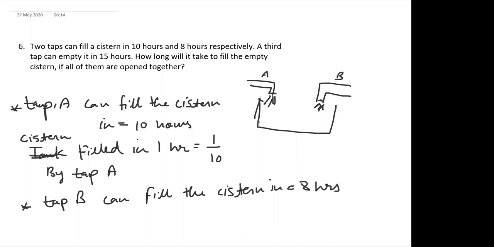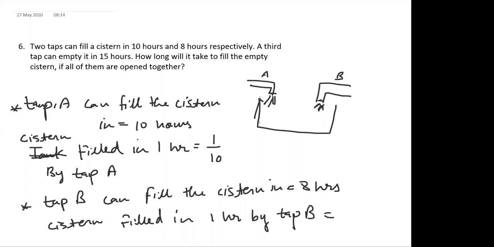So the cistern filled in 1 hour by tap B is equal to what? 1 upon 8. So now what I have done, I have found out how much the tank will fill in 1 hour by tap A and by tap B, if they are opened alone.